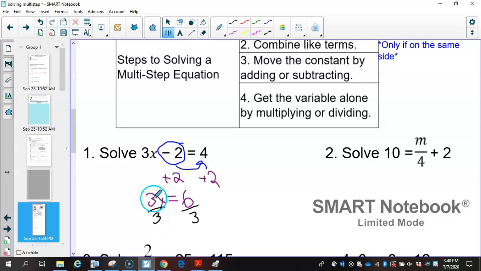But it's really saying 3 divided by 3, which is 1. So I'm going to write that down first. But because we don't necessarily write the 1 in front of x, we don't have to put 1x. We can just put x equals 2, and it would be the exact same thing.